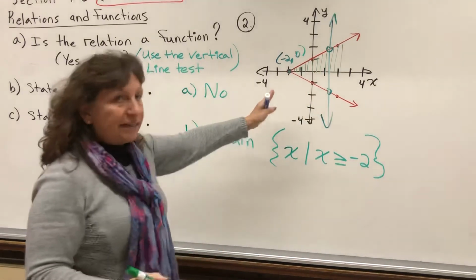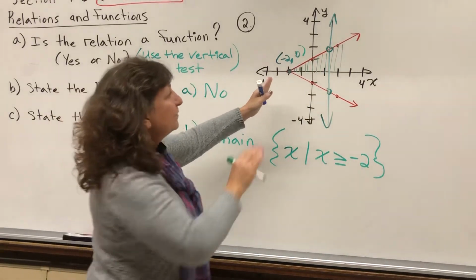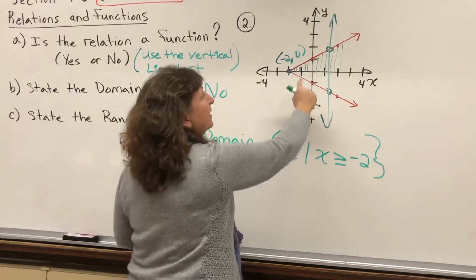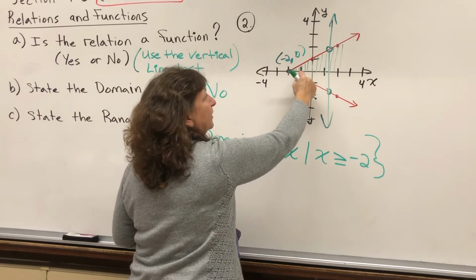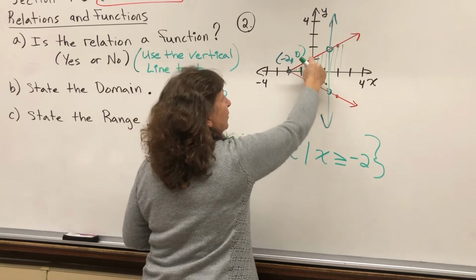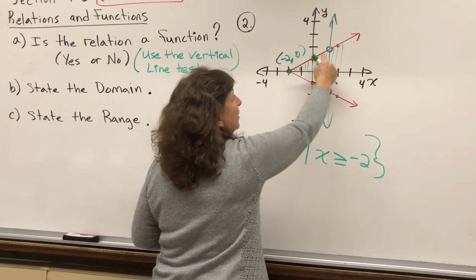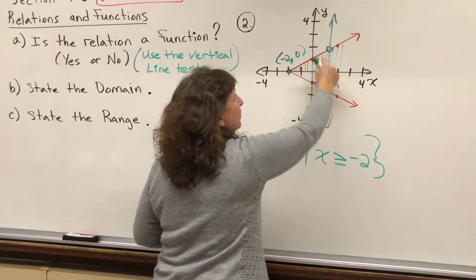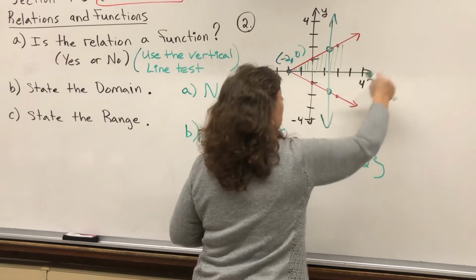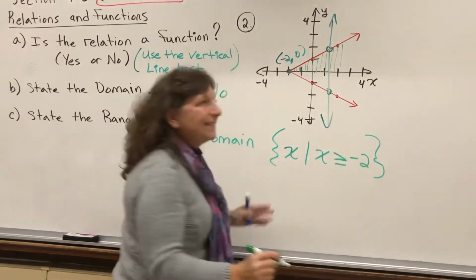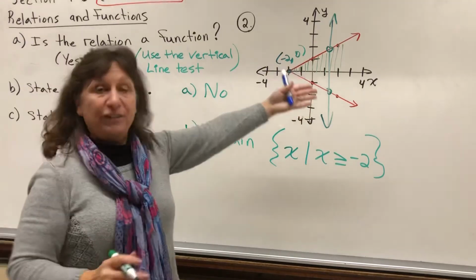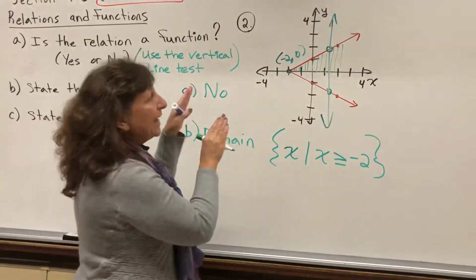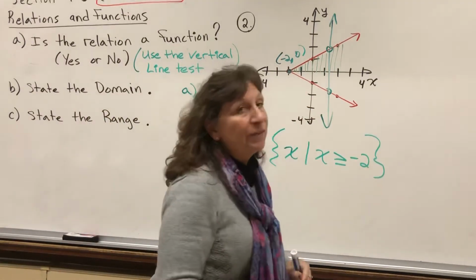It started at -2, and it has meaning everywhere to the right. If I wanted to plot this point, I could go 1 and then up to that point. I could go 0 and then up to that point. I could go -1, 0, 1, 2, 3, 4, 5. And these arrowheads indicate it goes on forever. It doesn't ever stop. So it heads off to the right to infinity.